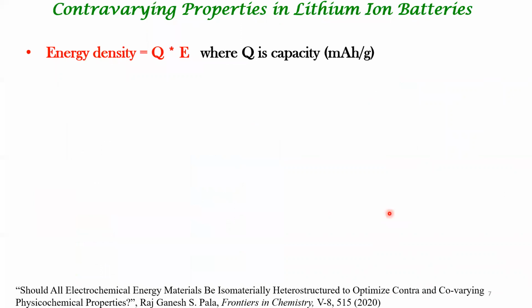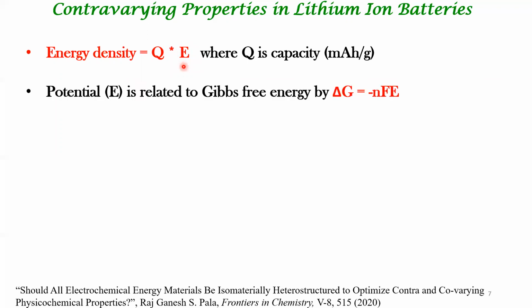We have identified contravarying properties which are critical in the efficiency of lithium-ion batteries. We will elaborate what I mean by that. So for example, the energy density depends upon the capacity times the voltage that you can obtain from a lithium-ion battery.